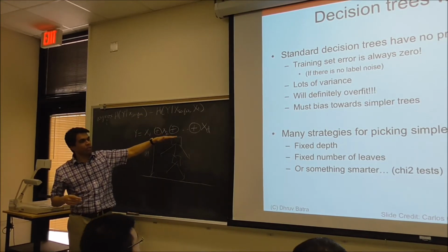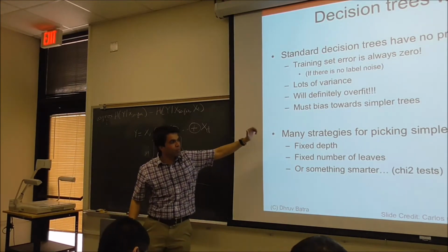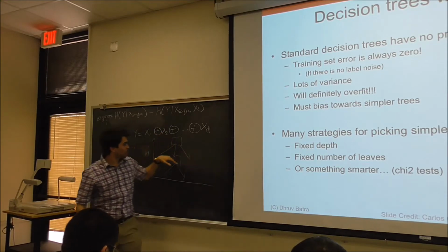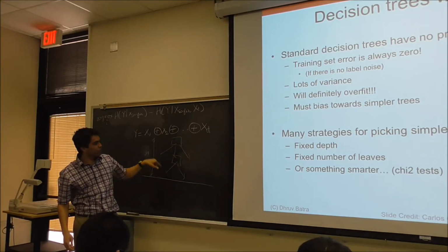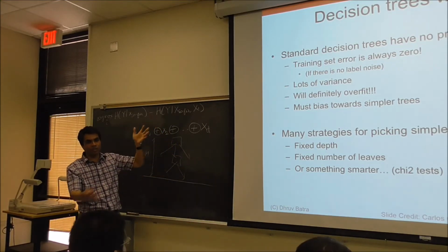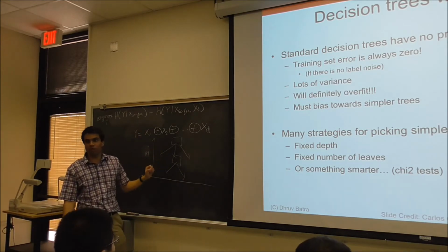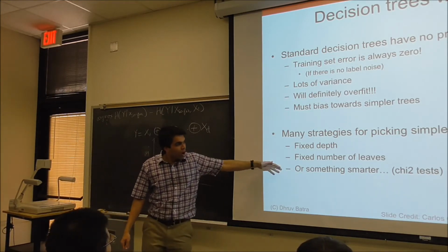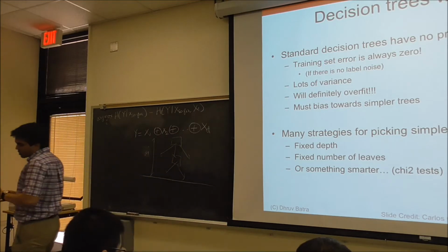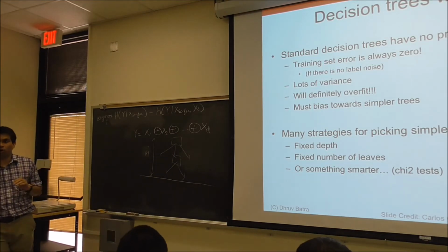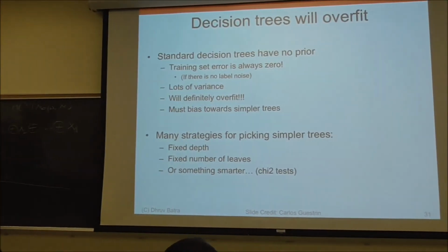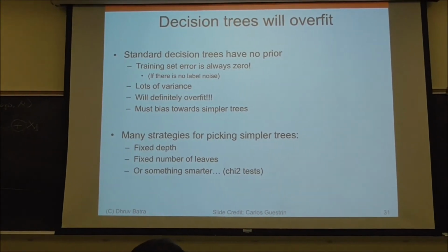So you can bias yourself to some small depth, or you can have a fixed number of leaves. I'll allow you to go as deep as possible, but you can have lopsided trees. So one path can be really long, but the total number of leaves is small. Or something smarter, which is to use statistical tests, which we won't talk about. But sometimes before branching, you check whether this is statistically significant.